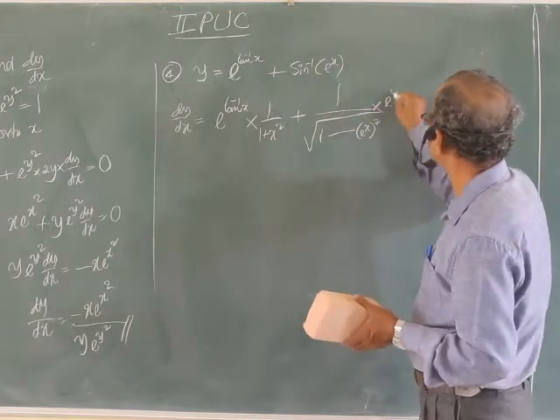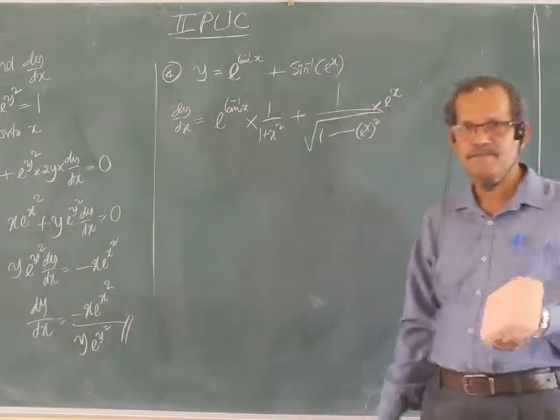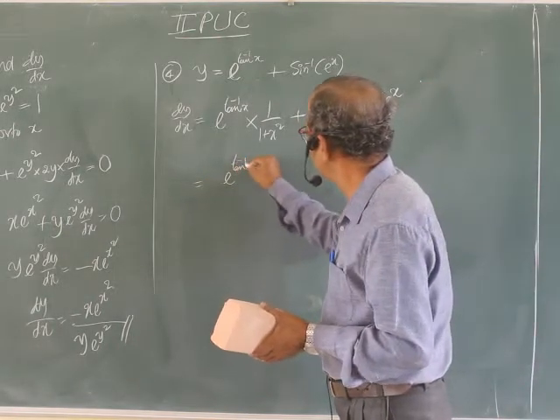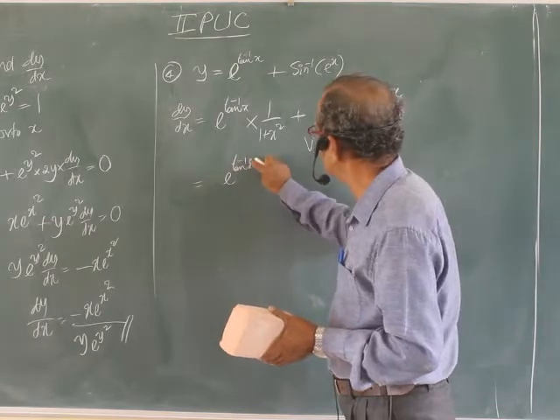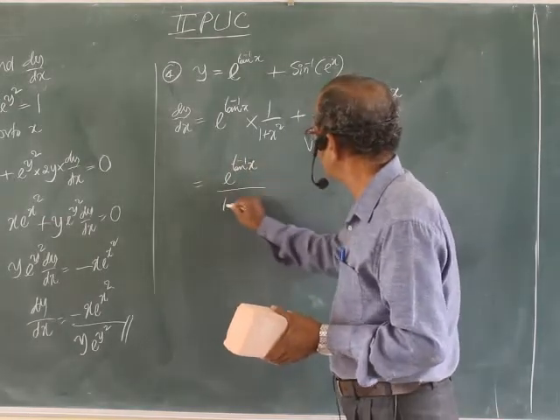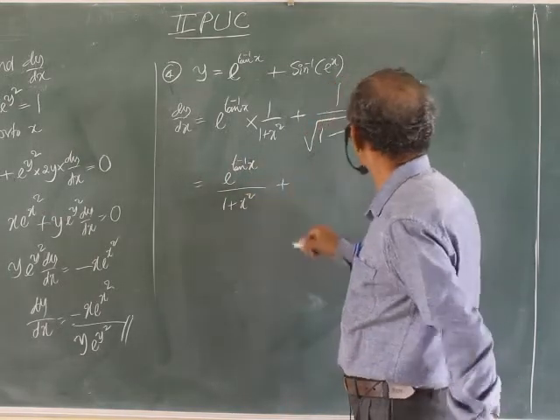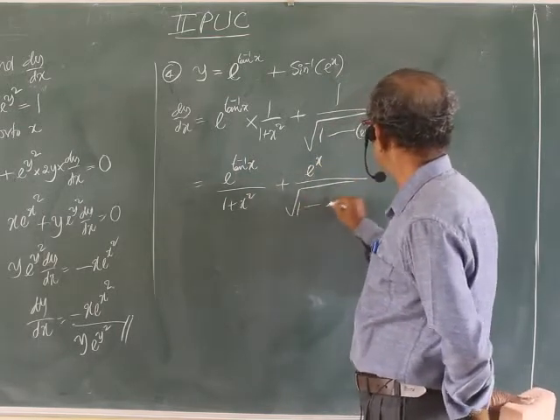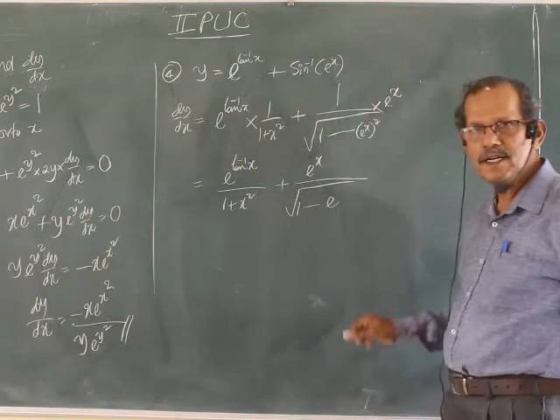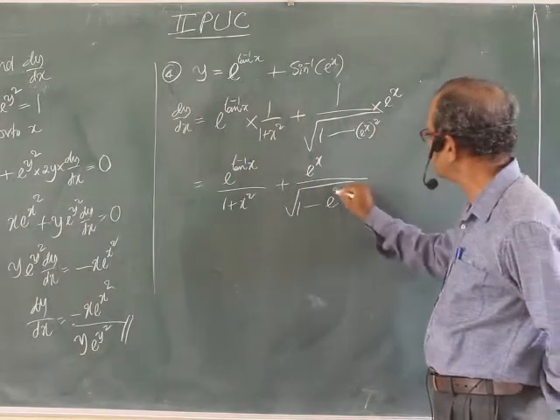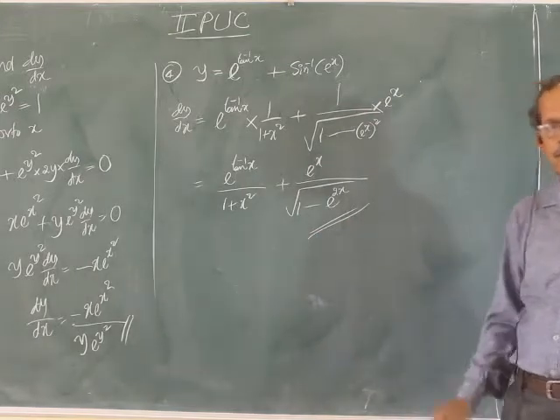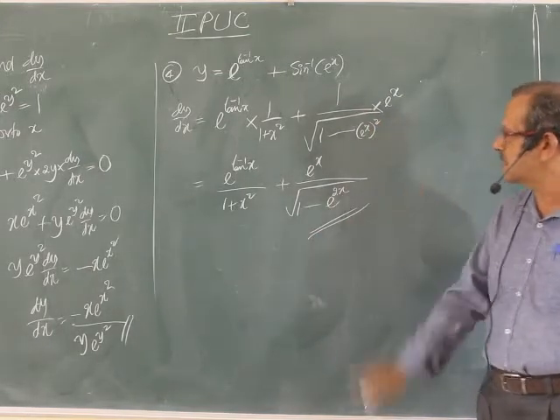Derivative of this, yes, now it is over. Final answer will be e to the power tan inverse x by 1 plus x square, e to the power x by root 1 minus e to the power, see, let me write this one as 2x. e to the power x whole square means 2 into x, 2x.